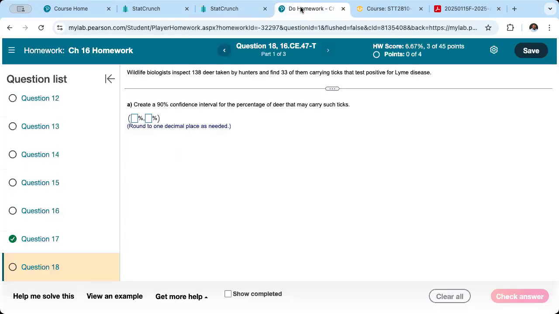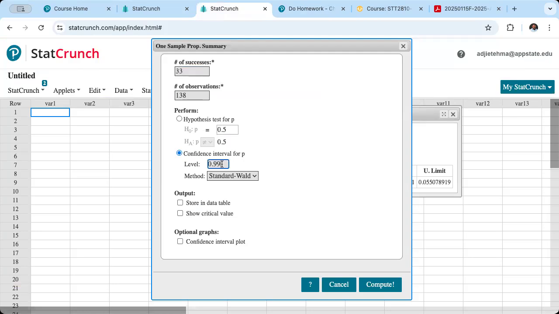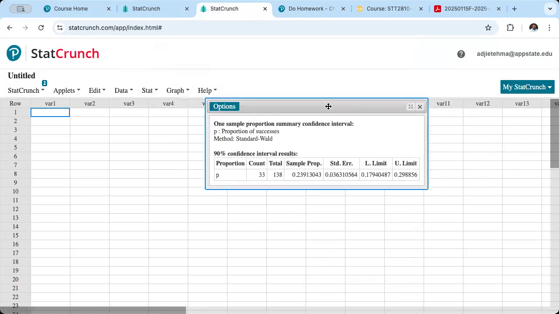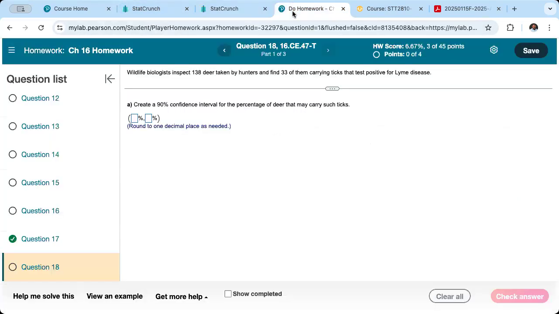And then what is the confidence level? 0.9. And then it computes that for us. Okay. You should be able to know this is the lower limit, this is the upper limit. This is the standard error P hat. Is that okay? And then you could be able to now input everything here.